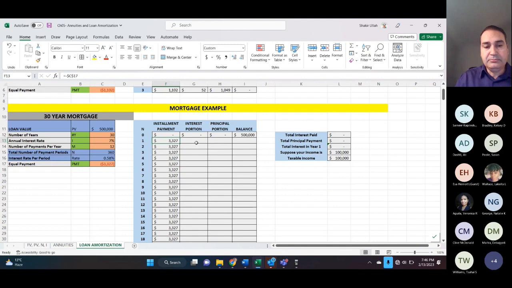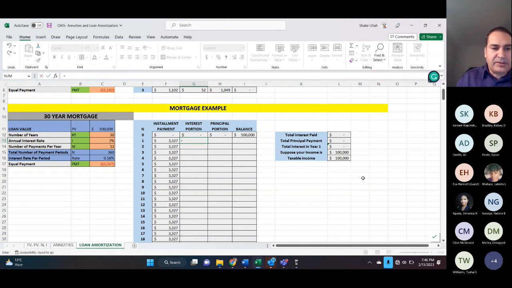You see? Okay. How much would be the interest amount? Monthly interest amount would be equal to the monthly interest rate, which is 0.58%. And let me make that fixed as well with the F4 button. Monthly interest rate multiplied by the balance, which is 500,000.